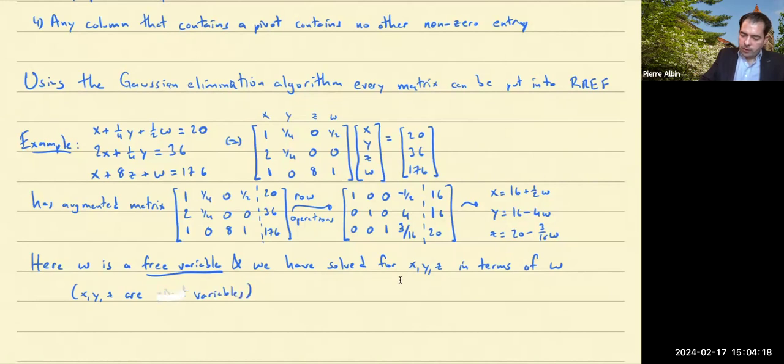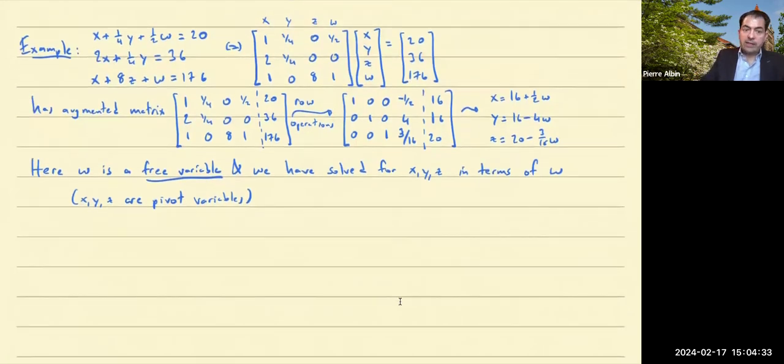Right? So a pivot variable is one such that in the reduced row echelon form that you ended up with, you have a pivot in its column. Okay, so the reason we do that is that then if you want to write down what the set of solutions is for this system of equations, all right?